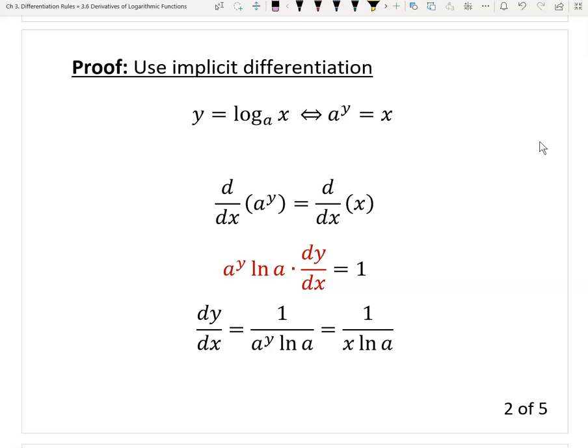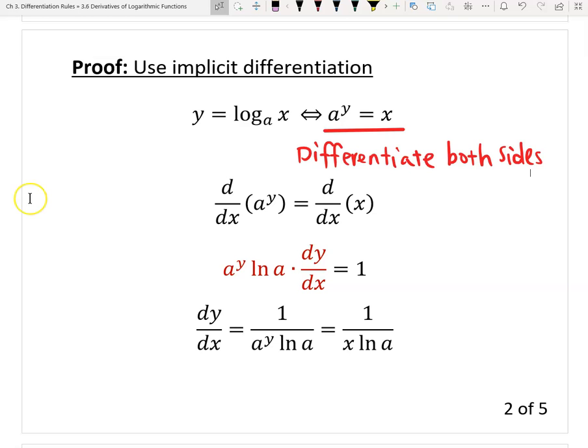Implicit differentiation, which means we need to take a derivative of both sides of this equation, right? All we say is differentiate both sides. This is the common way. After we differentiate both sides, we solve for dy/dx.